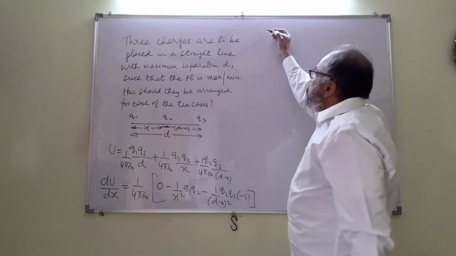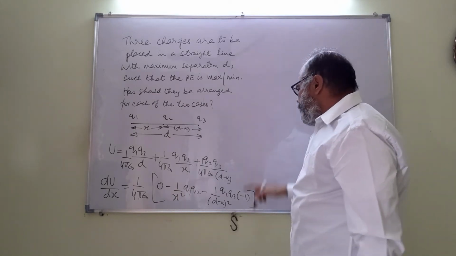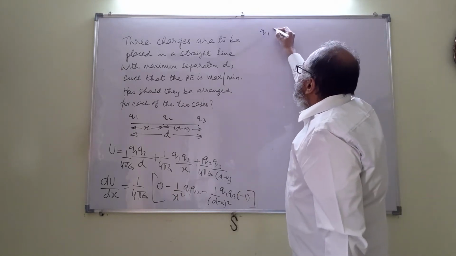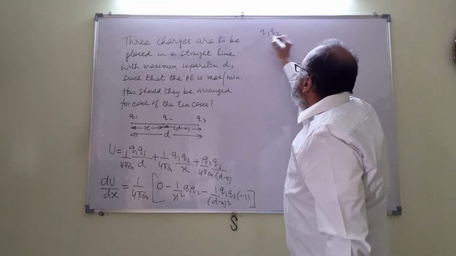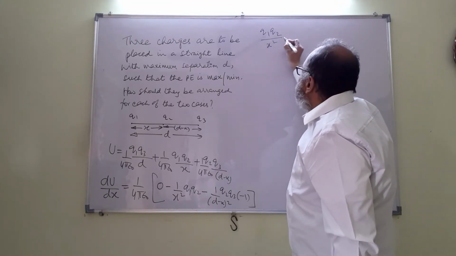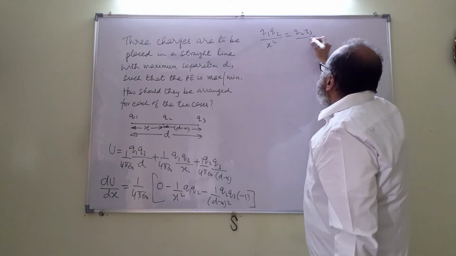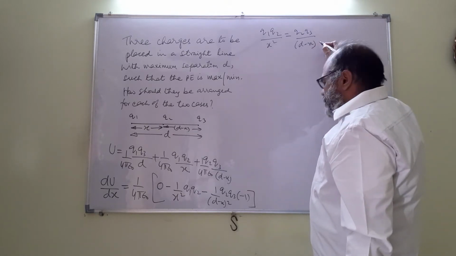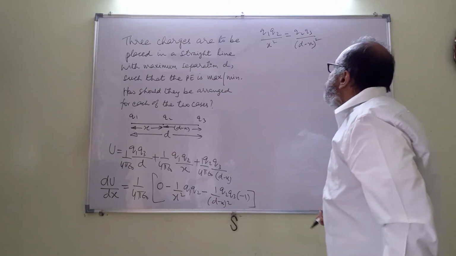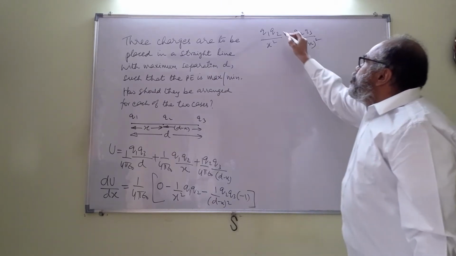If we equate this to 0, you will have Q1 Q2 by x squared is equal to Q2 Q3 by d minus x the whole square. So Q2 cancels.